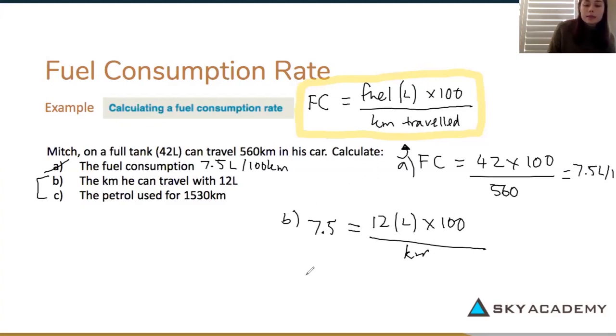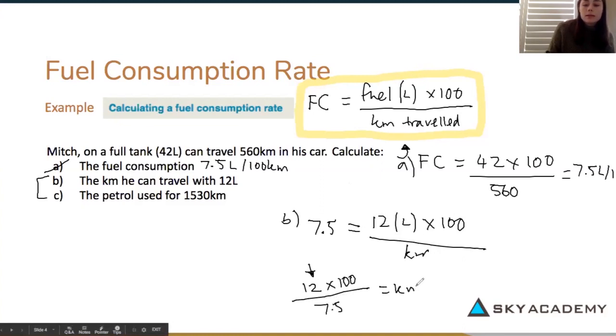That means I'm going to get 12 times 100 over 7.5 equals my kilometres. When I put that into my calculator, my kilometres should equal 160. So with 12 litres, I can travel 160 kilometres.